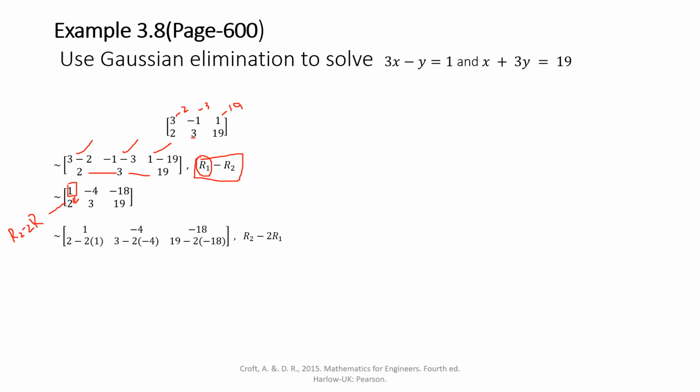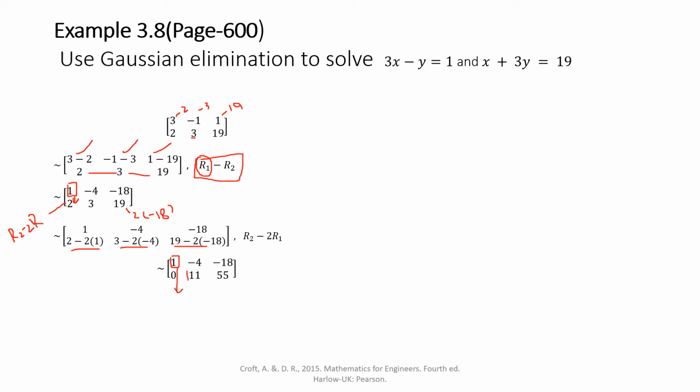So see, 2 minus 2 row 1, 3 minus 3 row 1 elements, and 19 minus 2 times 18, and this will give us, so yeah, we succeeded to convert this into leading one, because under it is 0.